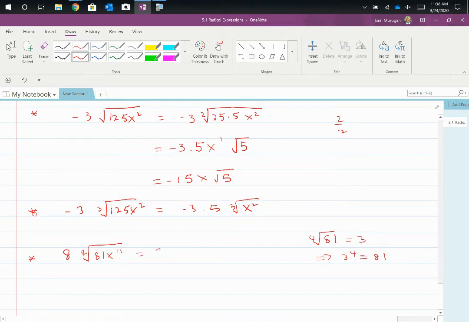So this is 8 times 3. 4 goes into 11 2 times, 4 twos are 8, and 3 remaining as the power. That's 11 divided by 4, which is equal to 2 plus 3 remainder.